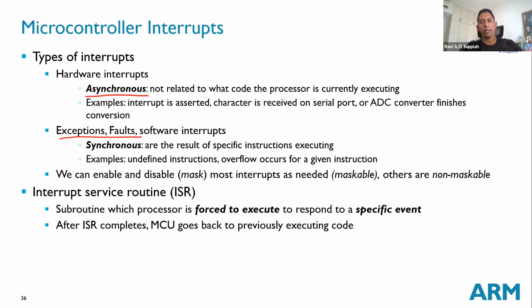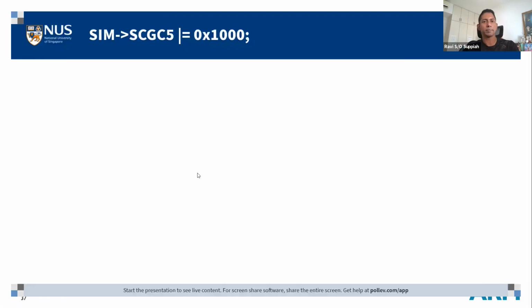These are what we call exceptions, and we say these are synchronous because they happen in relation to you executing some code. Whereas the asynchronous versions are related to some hardware event happening. The interrupt service routine is basically there to handle these events as and when they happen.